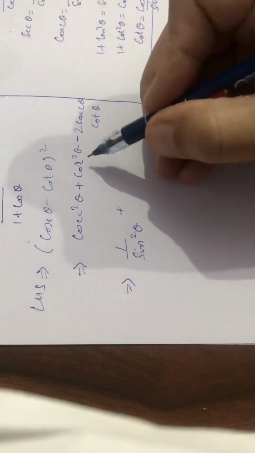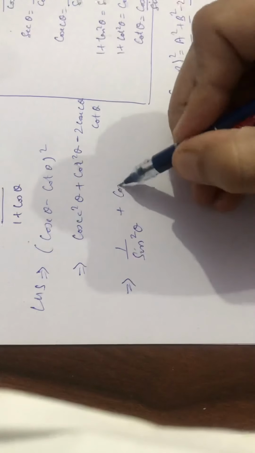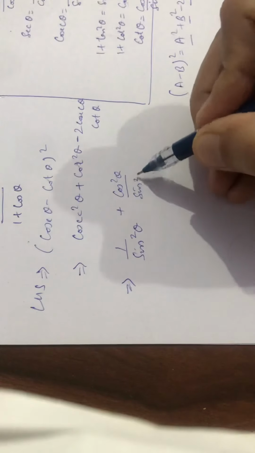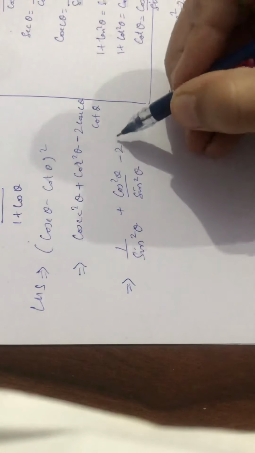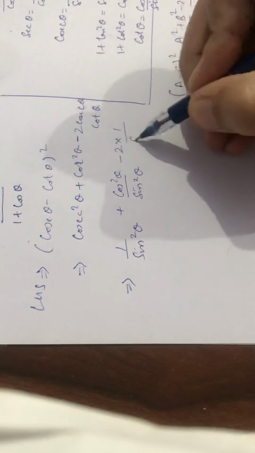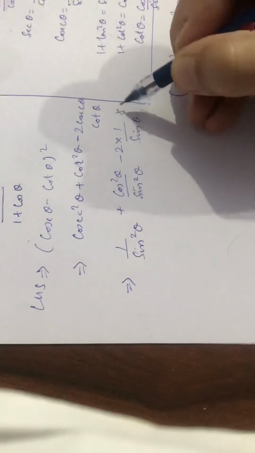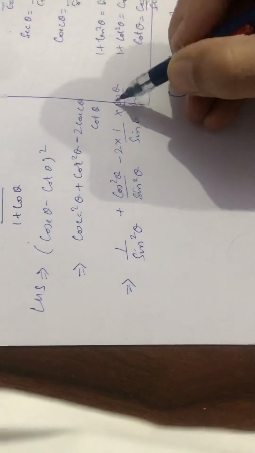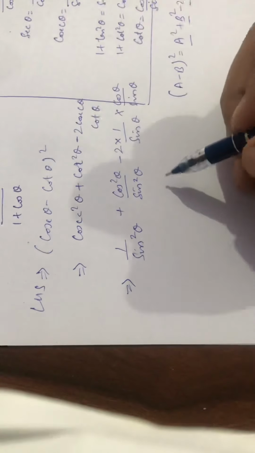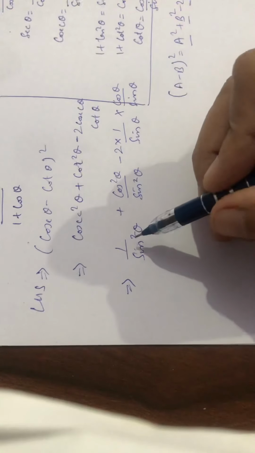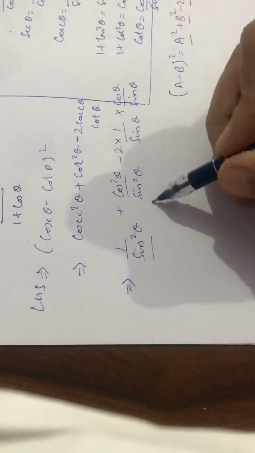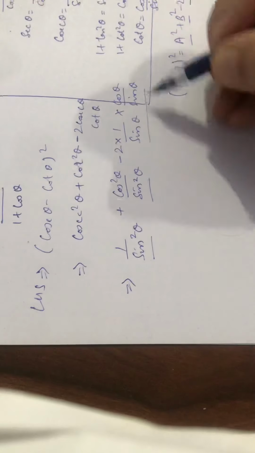In the same way you have cot square theta, you can keep it as cos square theta upon sine square theta, and then you have 2 into cosec, 1 upon sine theta, into cos theta upon sine theta. So in this way we have all the terms, and when we see these sine theta and cos theta, you will see that all the denominators are the same.